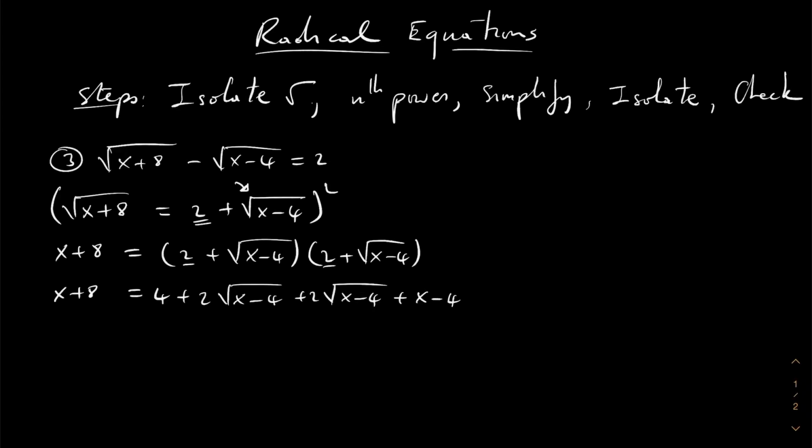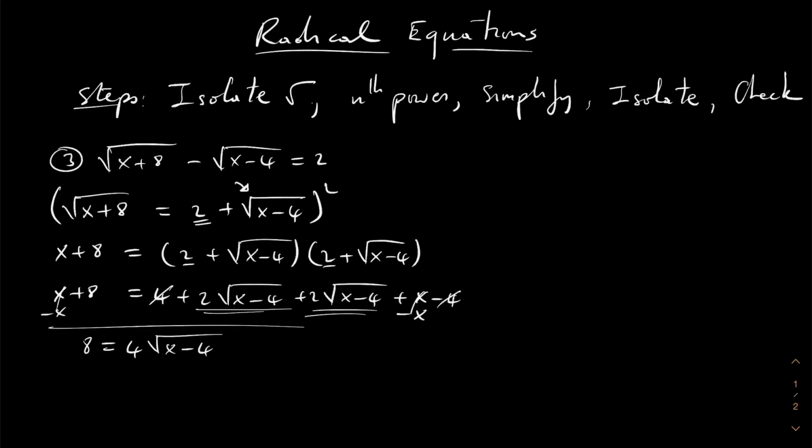We're going to go ahead and simplify this, and we're going to notice that 4 and negative 4 here would cancel. Then we can do minus x on both sides of our equation, which would also cancel out. And so all we have left is 8 on the left side, and on the right side we have 2 root x minus 4 and another 2 root x minus 4. Together, that makes 4 root x minus 4.